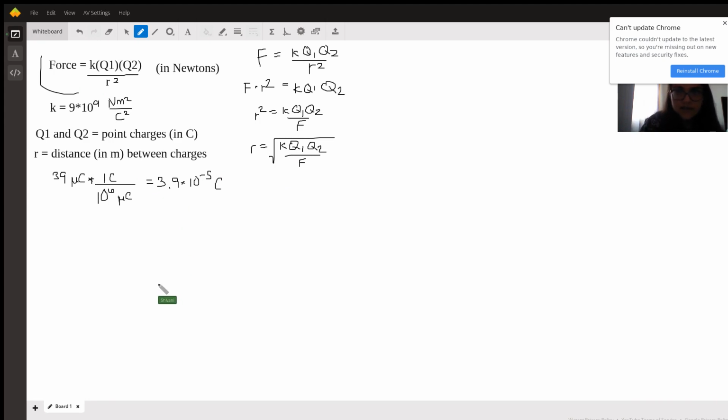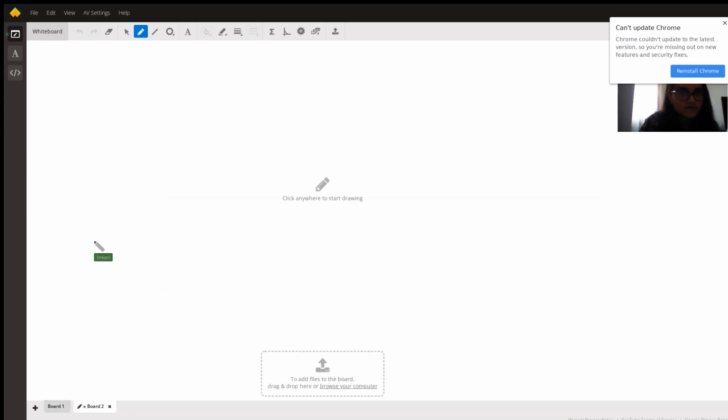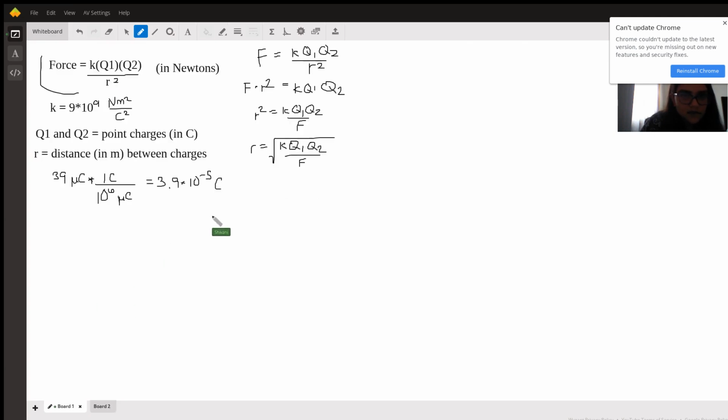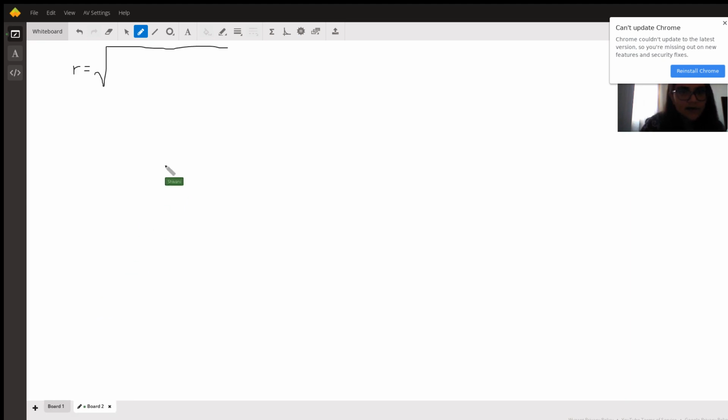And I'm actually going to do this on a separate whiteboard. So R is equal to the square root of K. So that will be 9 times 10 to the 9 times 3.9 times 10 to the negative 5 times 3.9 times 10 to the negative 5 over 400.